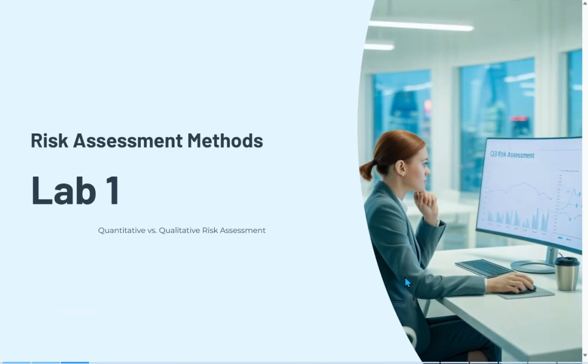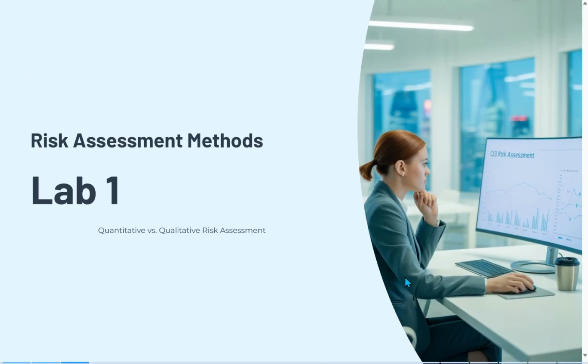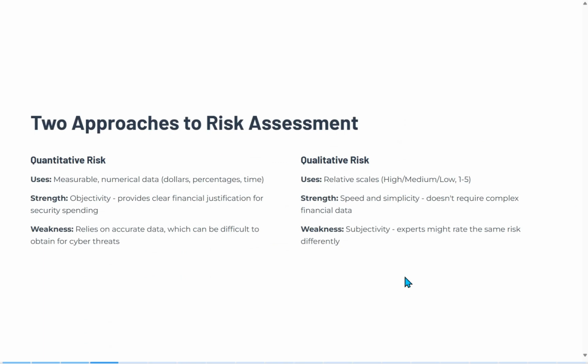So chapter one, the lab one, which is the risk analysis, we are going to focus on the quantitative and qualitative risk analysis. There are two approaches to risk assessment. The first one here is the quantitative risk.